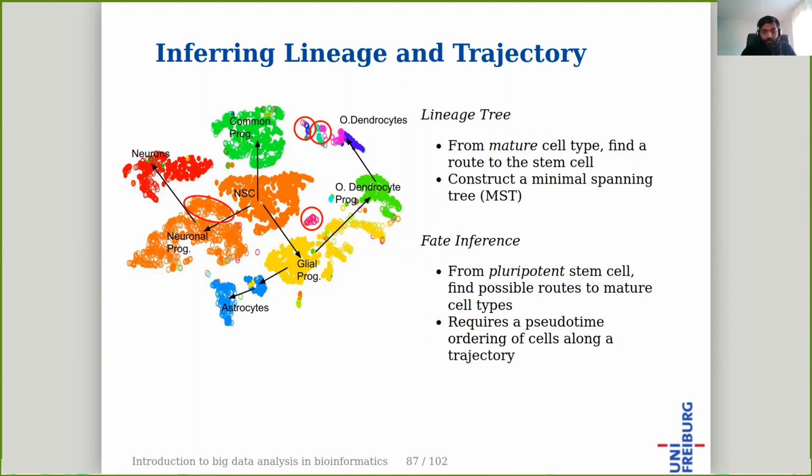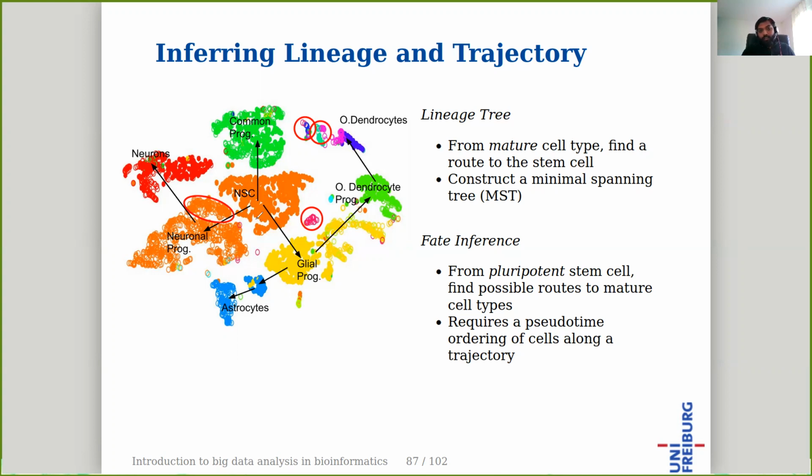The decision that the cell takes is based on its gene expression, and the decision to generate one of these mature cell types is commonly called cell fate.